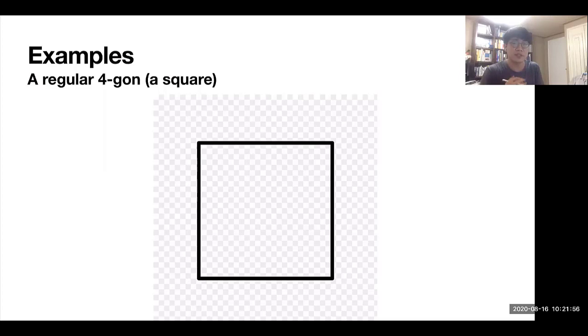This is a really easy example, but it already gives you an insight. Because this square is a regular four-gon, you know that rotation by 90 degrees is one of these symmetry transformations. And as soon as you have such a transformation, you can also compose or repeat it over and over, and you generate more such symmetry transformations.